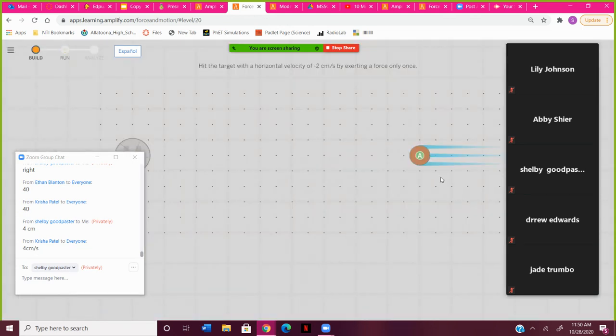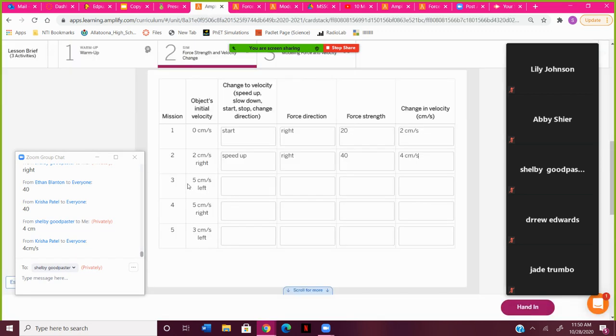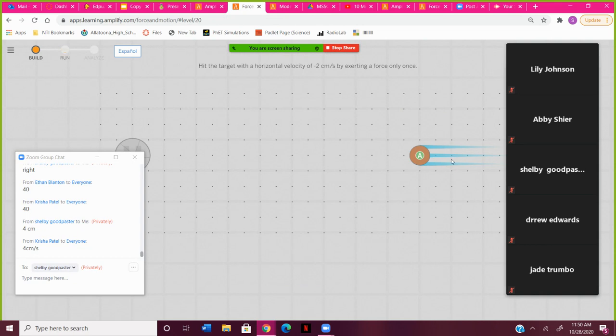All right, so now looks like we're going to the left this time, right? So our initial velocity, if you're looking at the table, is 5 centimeters to the left, okay? Initial velocity is 5 centimeters to the left. That's why these lines are a little bit longer. And so what we want to do is hit the target with a horizontal velocity of -2 centimeters per second by exerting a force only once.